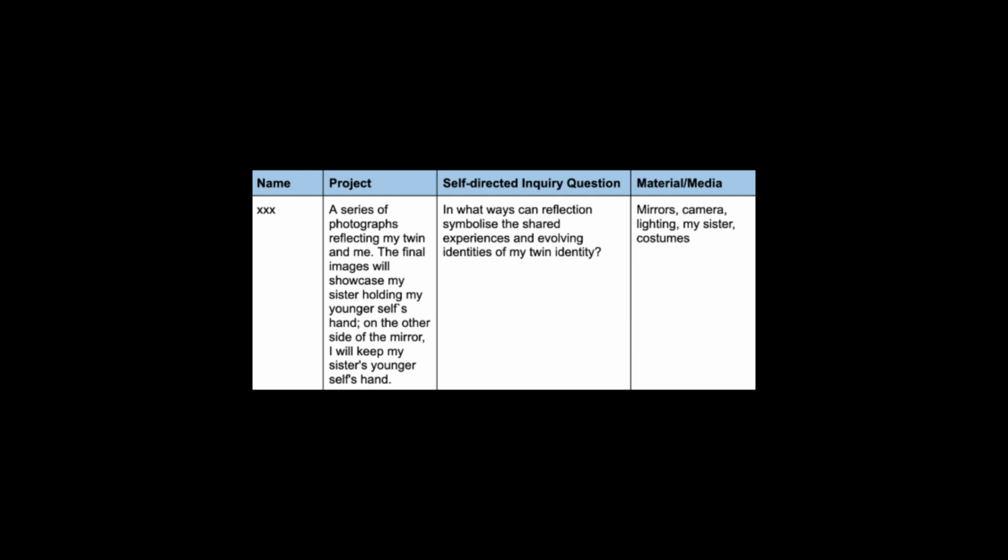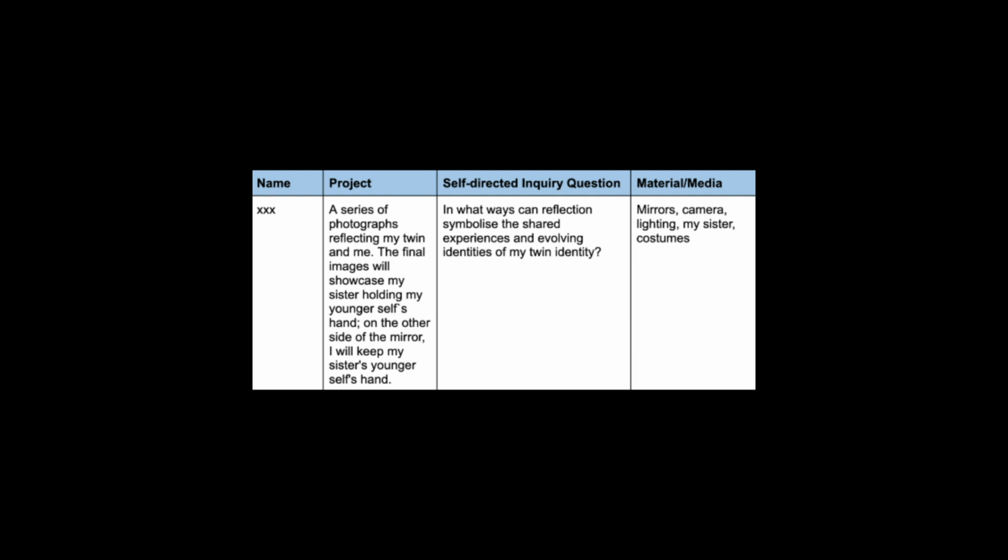I enhanced the unit with more personalized inquiry by giving all students the chance to define and verbalize their own inquiry question. So I didn't always give them the same one. Now they can individualize their own question. And that was mountain shifting overall.